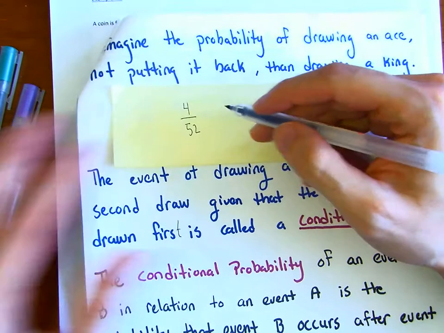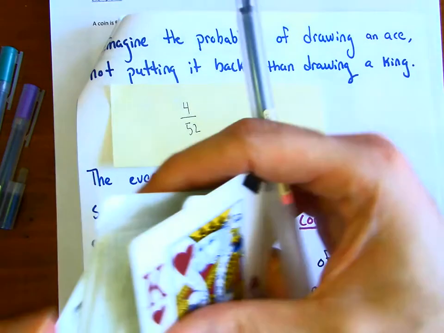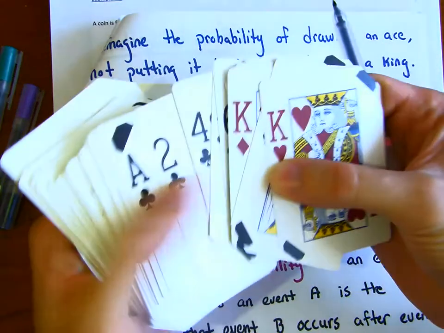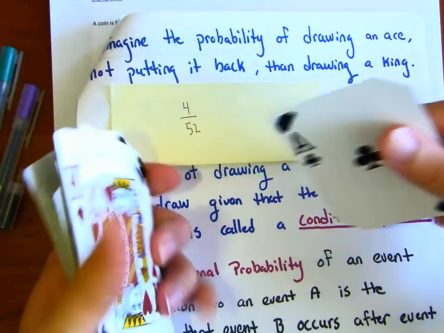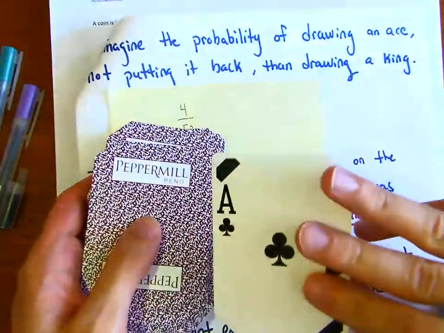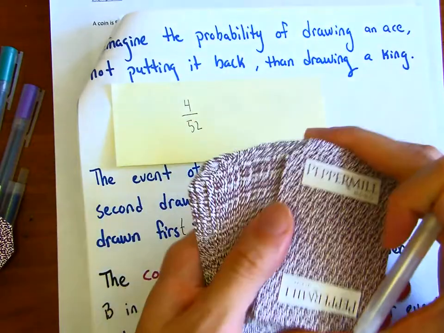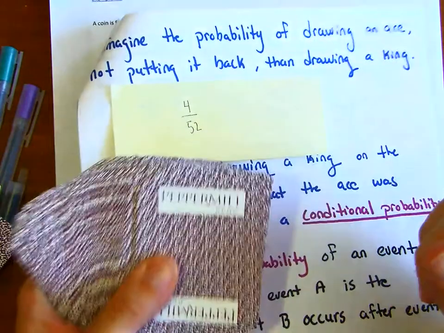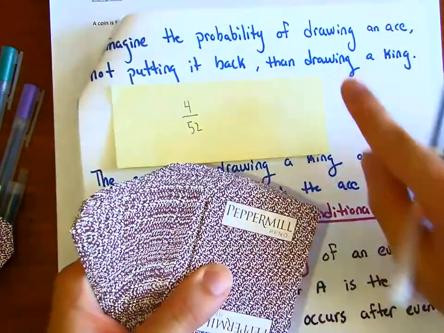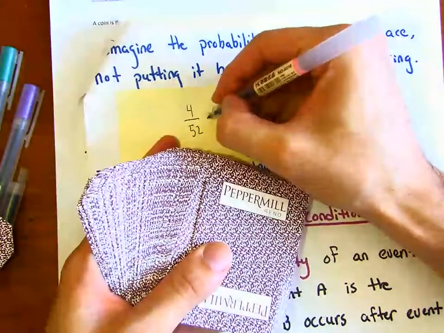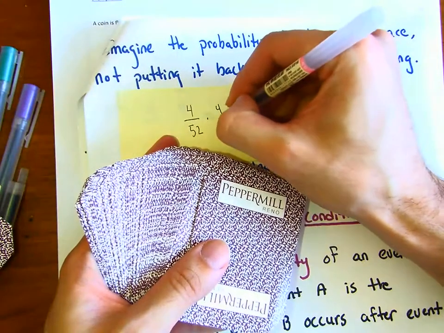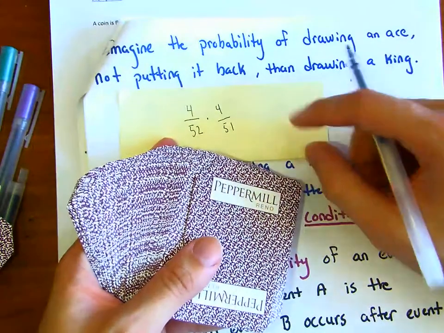Now notice you're not putting the card back into the deck. So let's say if I randomly pick up an ace. Oh look, I randomly picked up an ace, right? So if I picked up an ace and I don't put it back into the deck, notice how many cards do I have here? We have 51 cards. But then what's the probability of drawing that king? Now it becomes 4 over 51 because there's one less card.